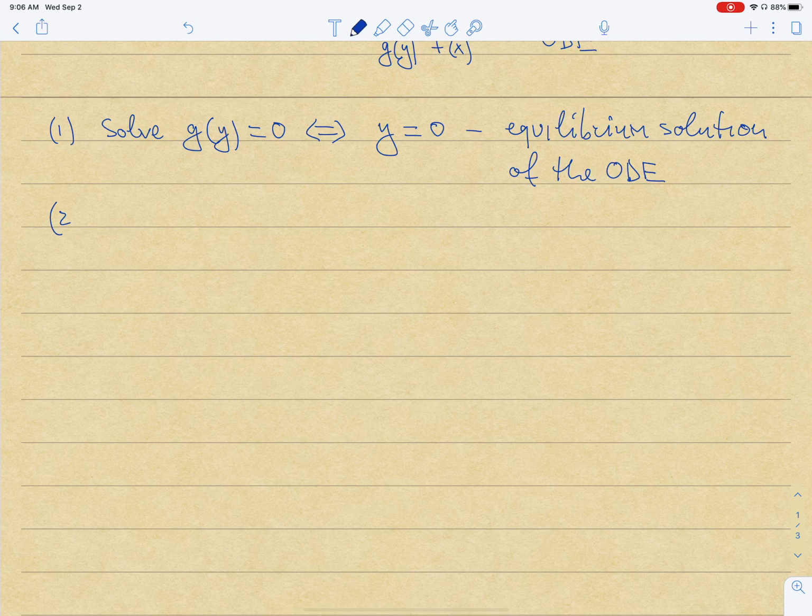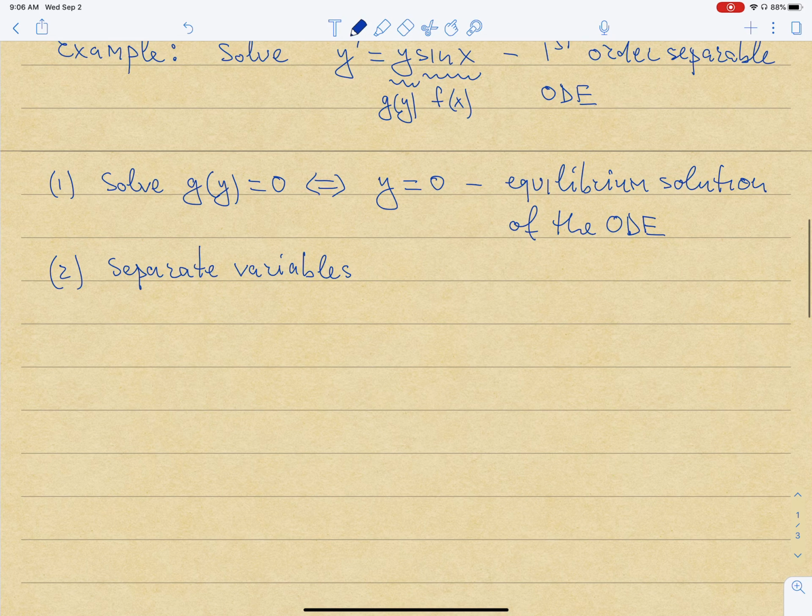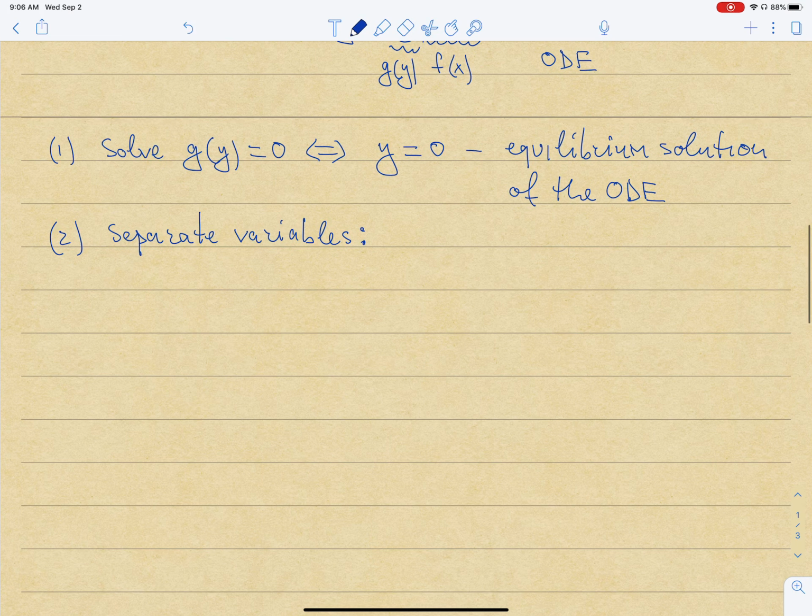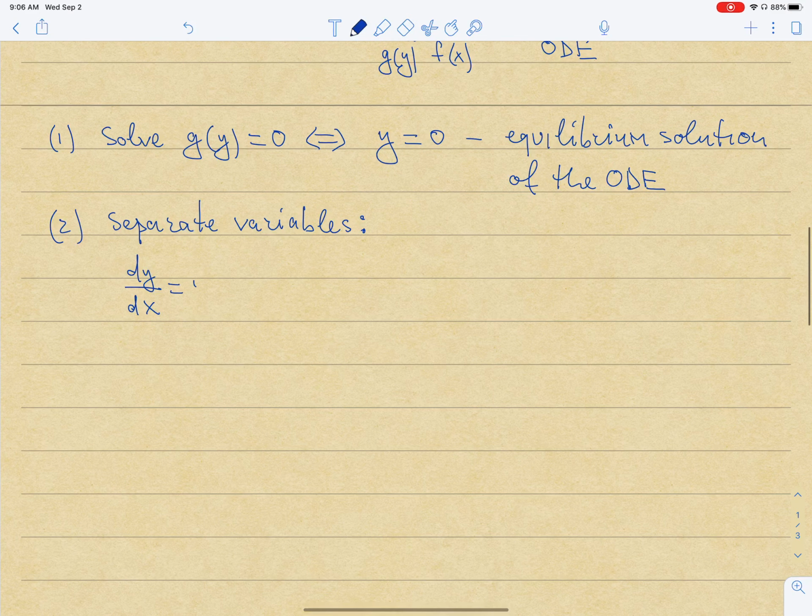And so now I separate variables. So if we separate variables, we rewrite y prime as dy over dx. So dy over dx is equal to y sine x.